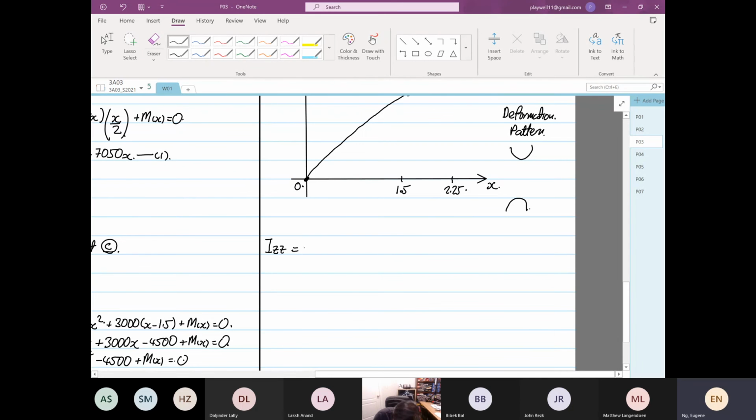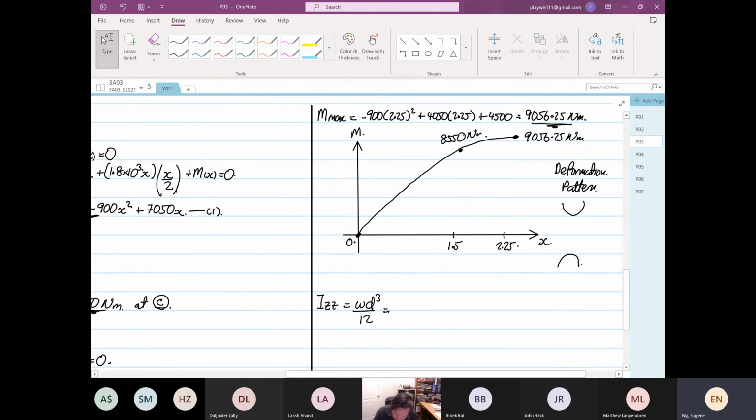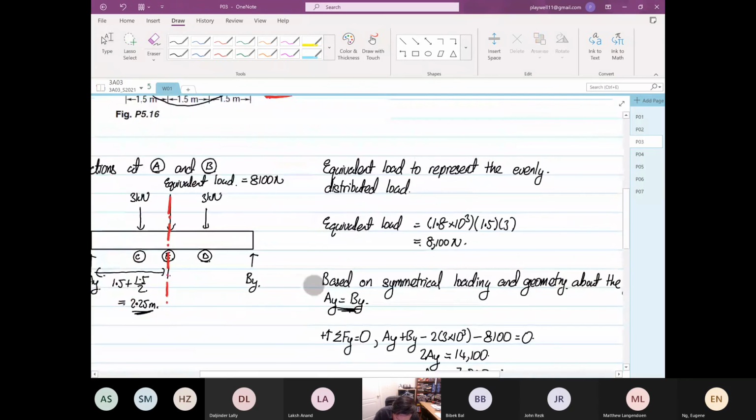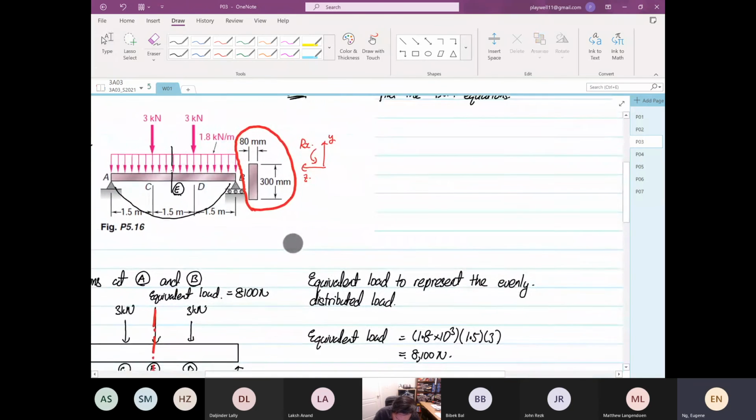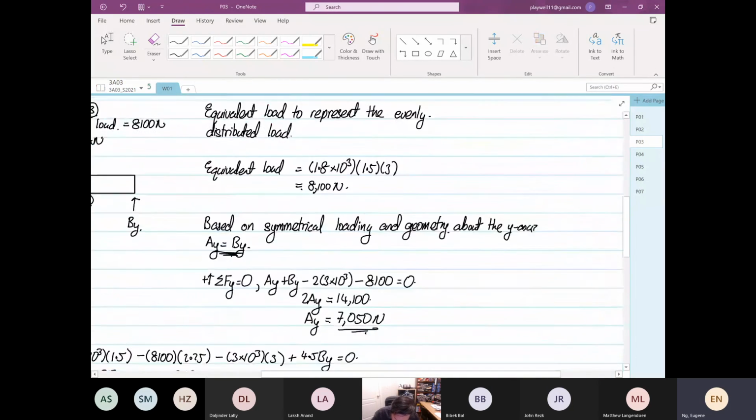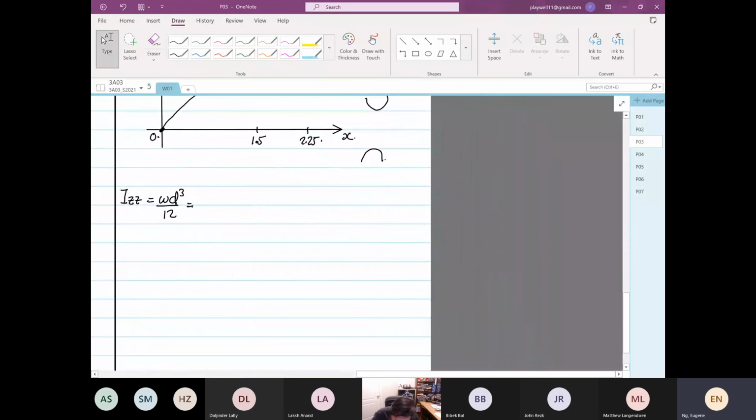It's width times depth cubed divided by 12. For this case, if you look at this diagram, it's 80 by 300. So I'm going to sketch this over here. This is 80 millimeters.